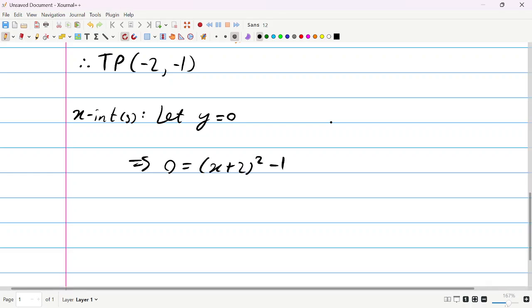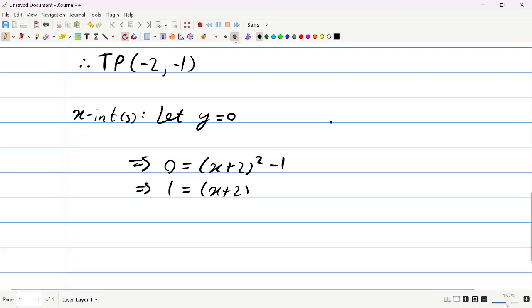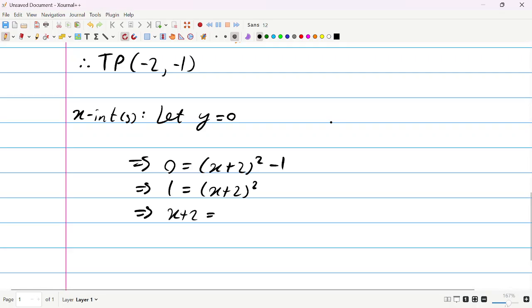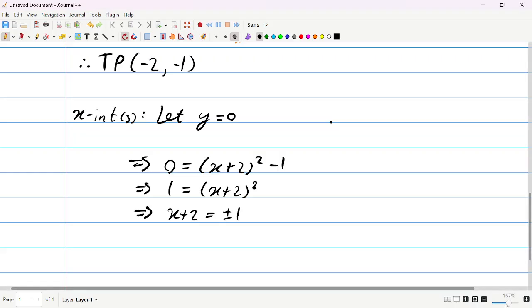Then from here, we just take the negative 1 over, so we have 1 equals x plus 2 squared, and then all we're going to do here is square root both sides. When we square root both sides, we're going to have x plus 2 is equal to plus or minus 1.